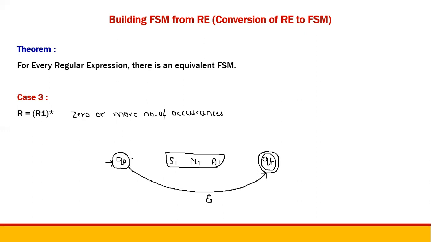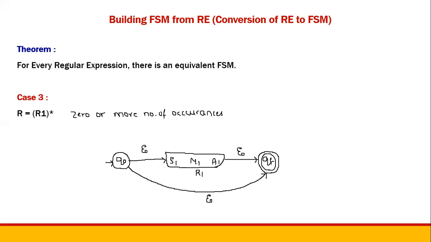At the same time, it can read one R1 as well. So I read epsilon and go to M1, which is regular expression 1, and after reading it and then epsilon, it can reach the final state as well. Epsilon means the empty string.